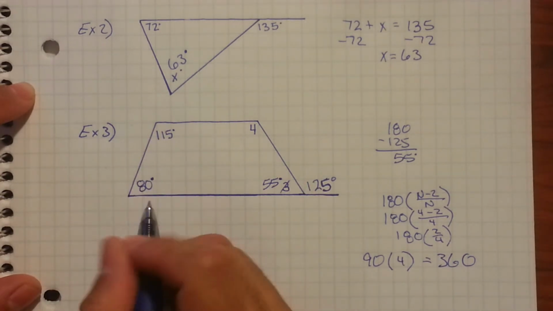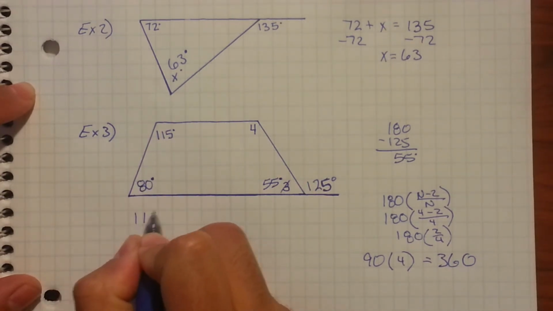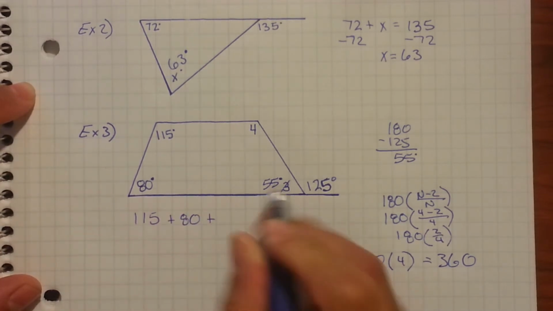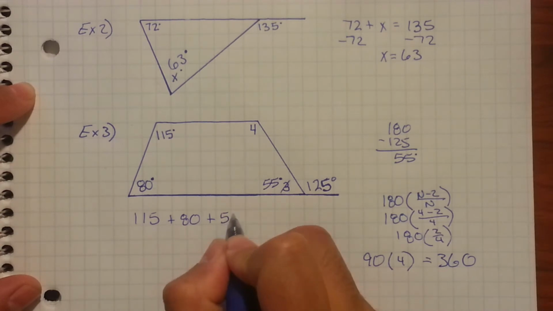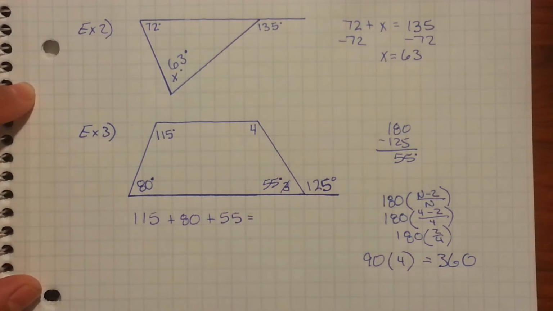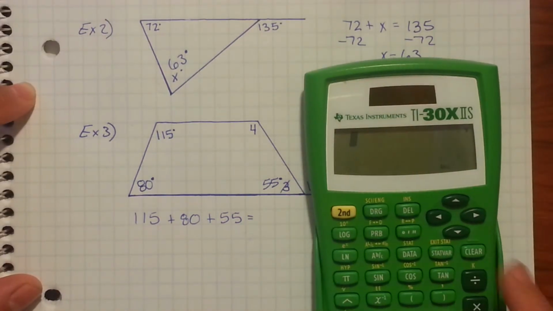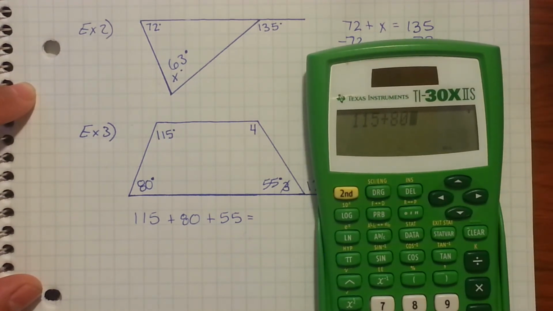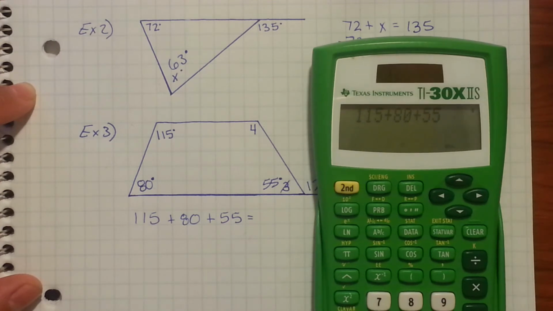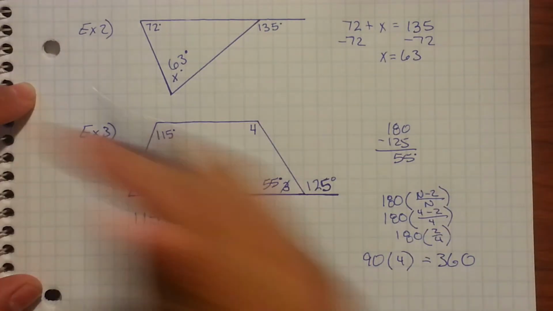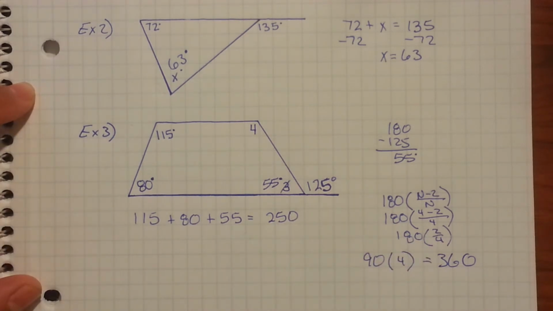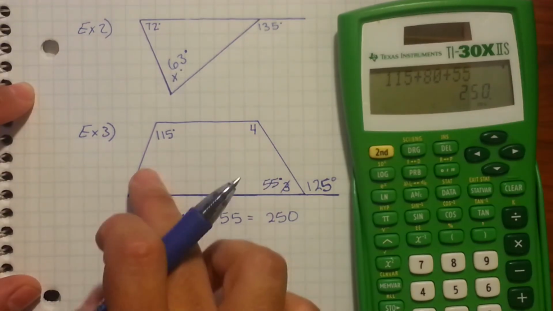Now, over here I have 115 plus 80 plus the 55 I got over here. That's going to give me 250. So that's going to be 250, and that's the total for that, that, and that.